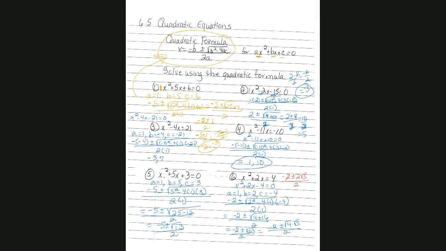Then the 2 cancel, and you end up with negative 1 plus or minus the square root of 5. So everything does simplify down. And this concludes our video, our notes on chapter 6.